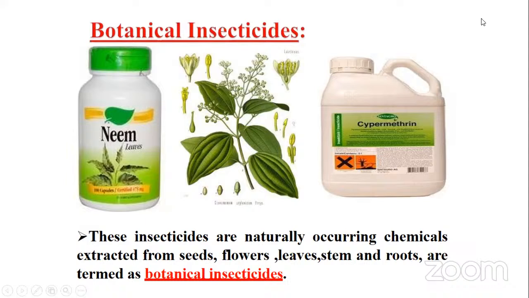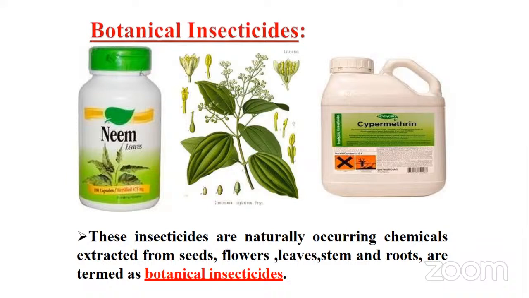Hope you understand what we discussed till now. And now we'll start with botanical insecticides. When we classify the insecticides, one of them is botanical insecticide. We have studied this in our previous slides, and now we'll study botanical insecticides in a deeper way. What are botanical insecticides?